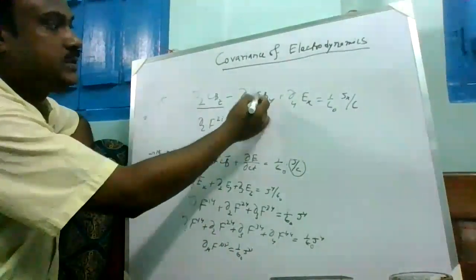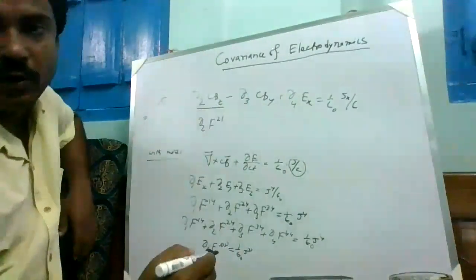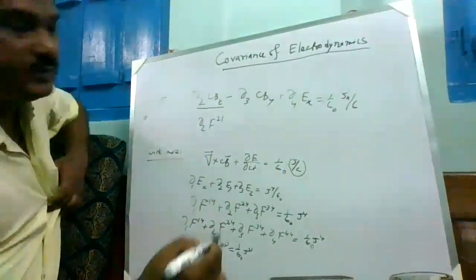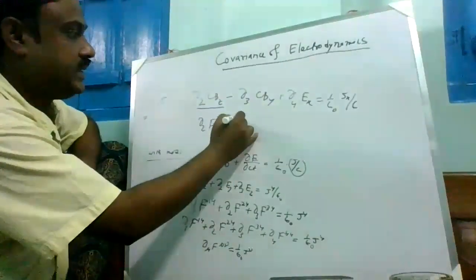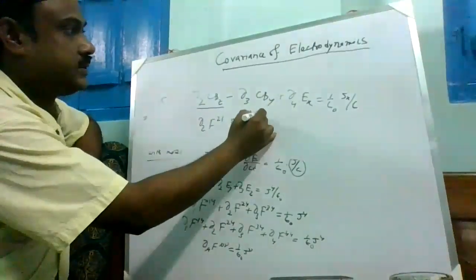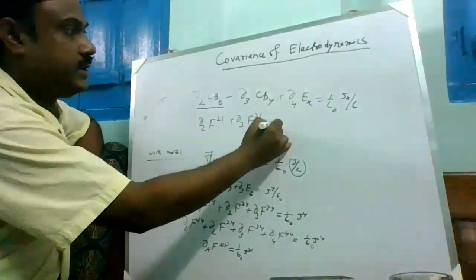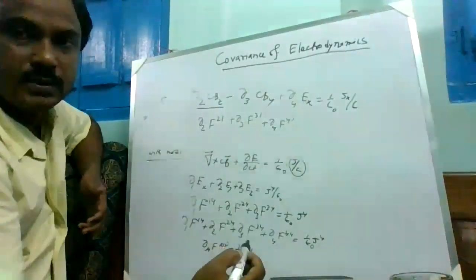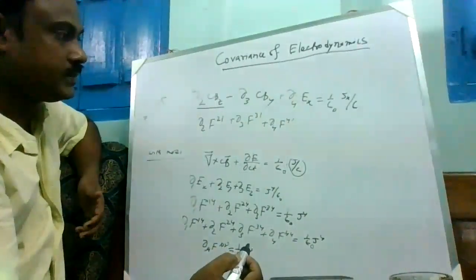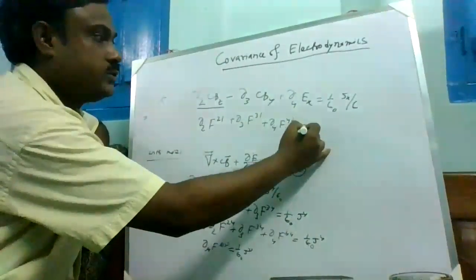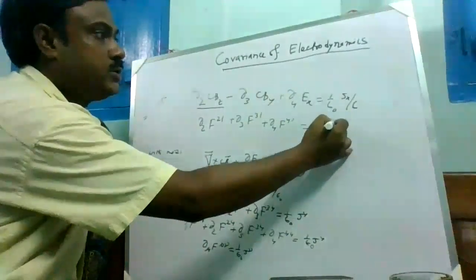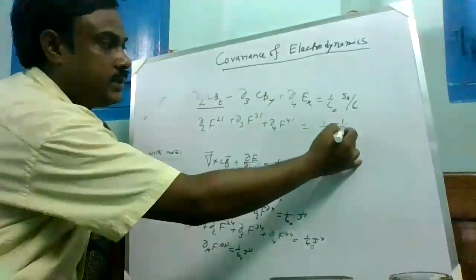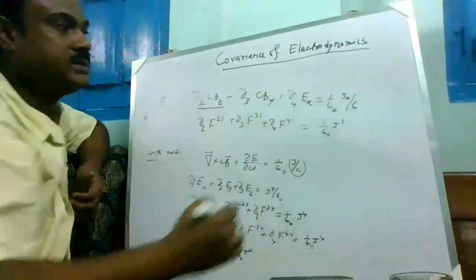And if you observe cBy, the negative of cBy is to be taken, then this will be del 3 F31 plus del 4 F41. I have done it previously. F41 equals 1 by epsilon 0 Jx by c, which means J1.